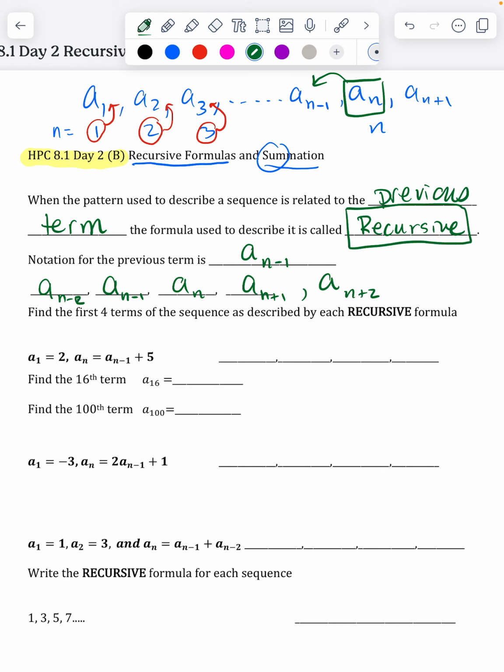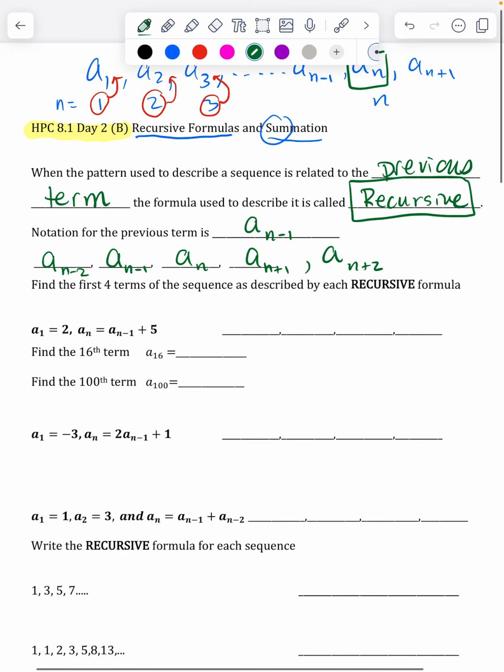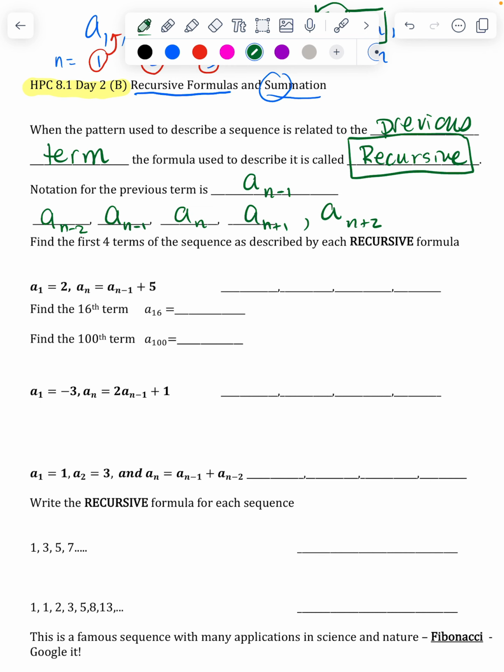So as you go to the right, you're taking steps forward and adding to the subscript. As you move to the left, you're taking steps away and therefore subtracting from the subscript. So these are pretty easy if they don't ask you for something too far down the line.